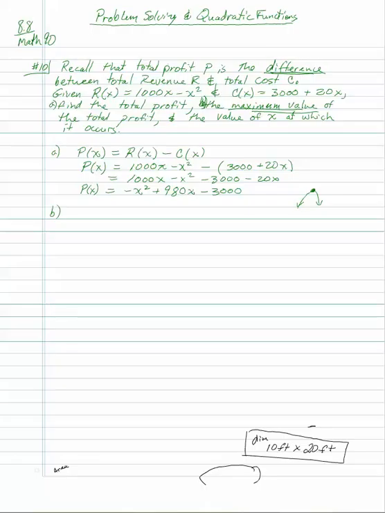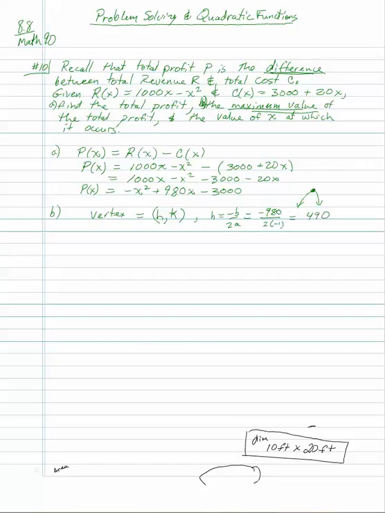So we need to figure out what the vertex is. h is going to be equal to minus b over 2a, which in this case will be negative 980 over 2 times negative 1.